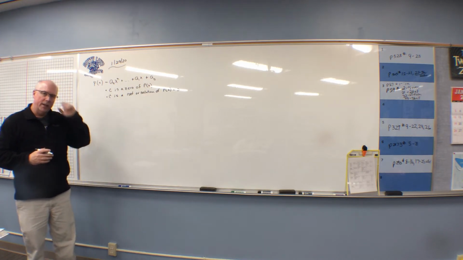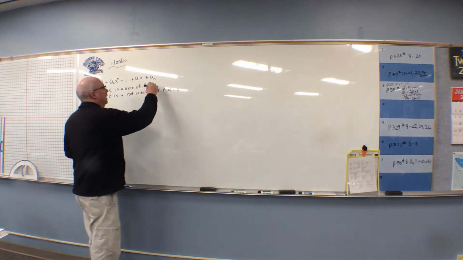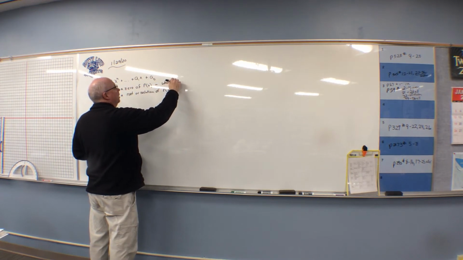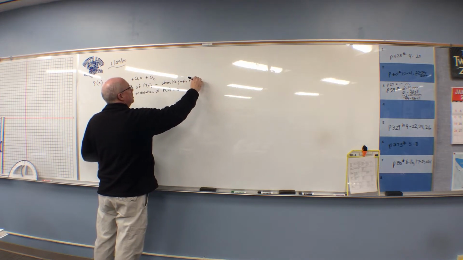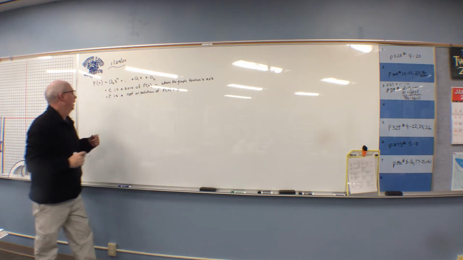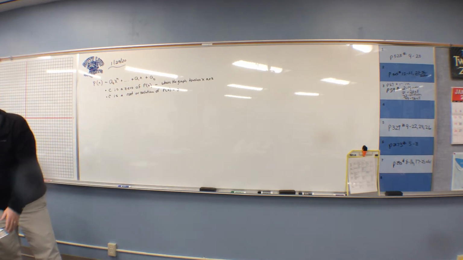So what we've said now is that c is where the graph touches the x-axis, and c then is a root or solution of the equation p of x equals 0.